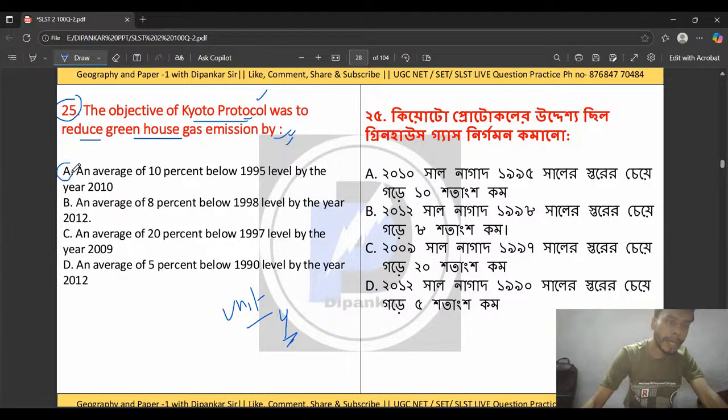Option A: an average of 10% below the 1995 level by the year 2010. B: an average of 8% below the 1998 level by the year 2012. C: an average of 20% below the 1997 level by the year 2009. And D: an average of 5% below the 1990 level by the year 2012.